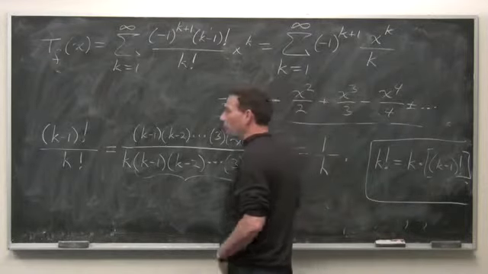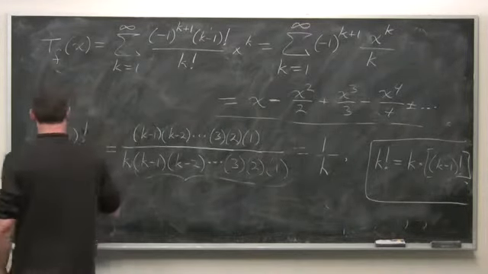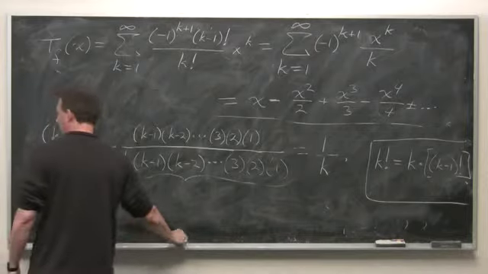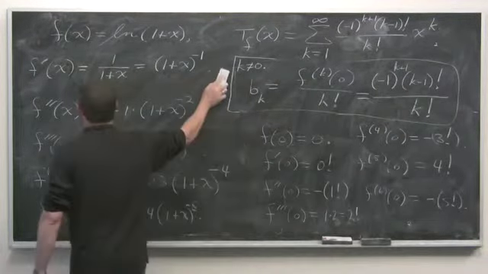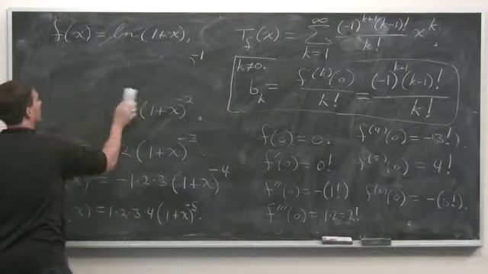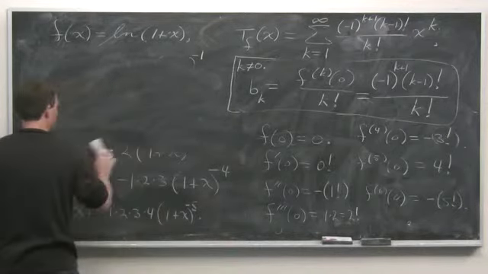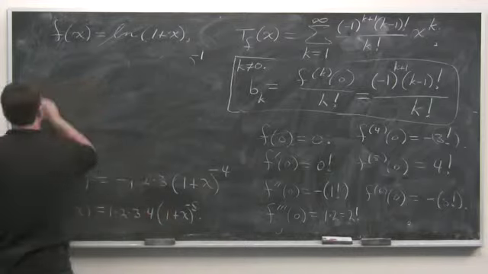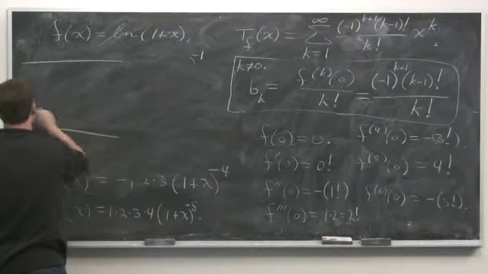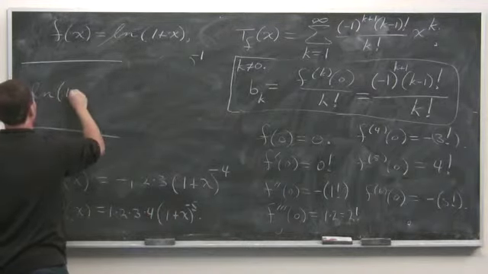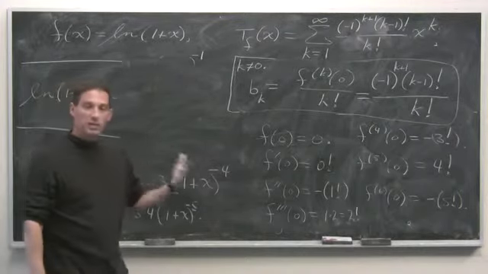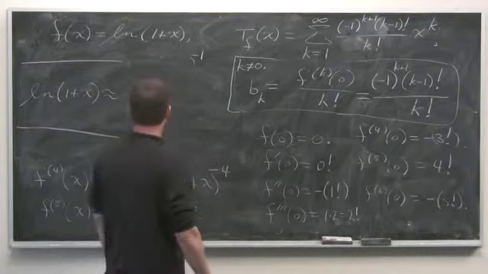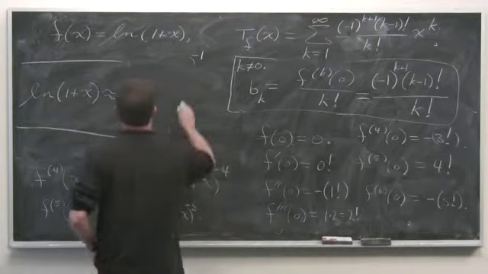All right. And if we wanted to approximate the natural log of 1 plus x when x is close to 0, if we were using Maclaurin series, which would work fairly well, we would say the natural log of 1 plus x is approximately, write out as many of the terms in the Maclaurin series as you want.